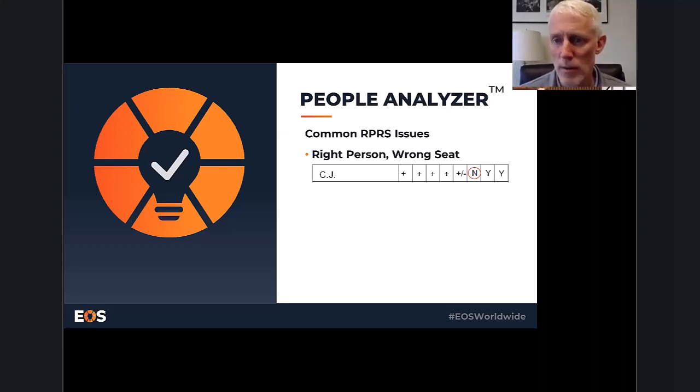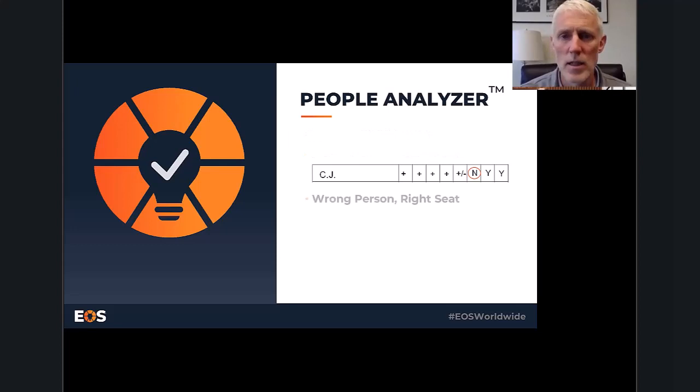This is the 6'5", 300-pound athlete that thinks they're a wide receiver. Great person, living our values, really passionate about football, really working hard, very coachable, has all those physical attributes. They just are not a wide receiver. They're more suited for the line. So that's unfortunately the first common issue we run into, right person, wrong seat.